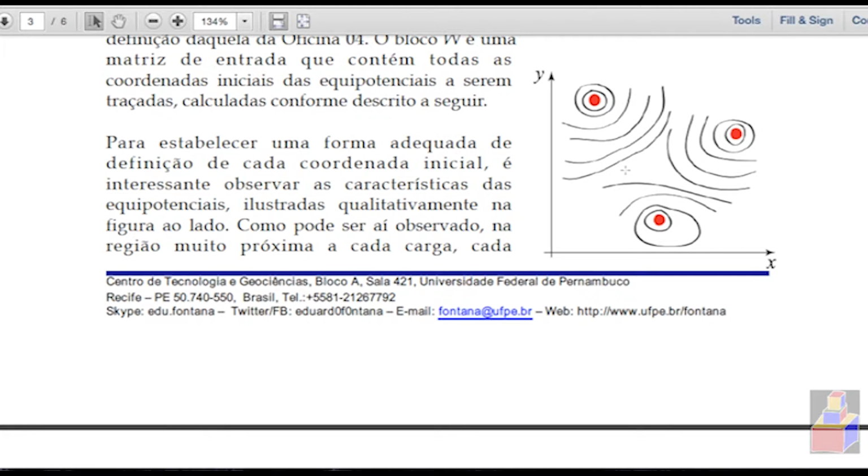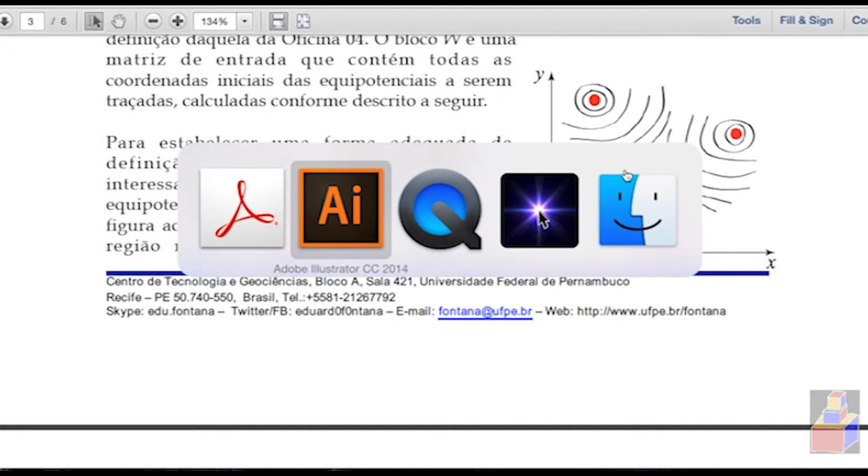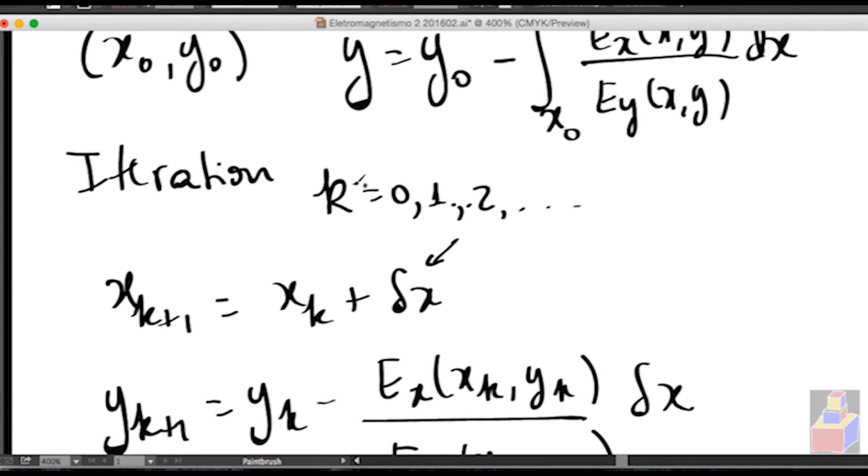So the objective of this new assignment is for you to implement a block to calculate the equipotential lines all at once for a set of charges. All the equipotential lines, you're going to pile in a single output block, which is called equipot.